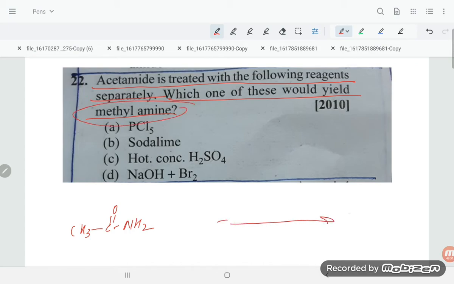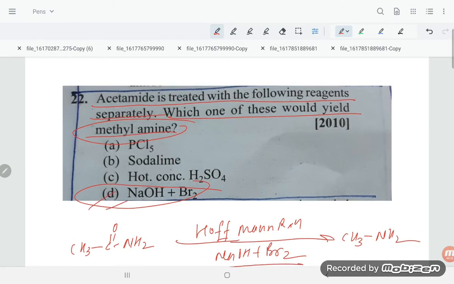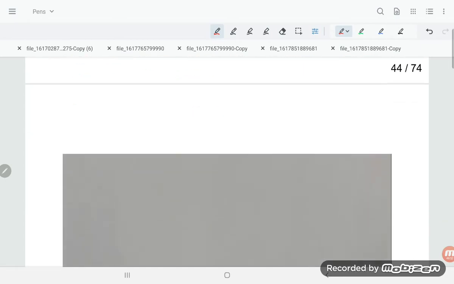So that is the Hofmann reaction, student. What is the Hofmann reaction? NaOH and Br2. It is the Hofmann reaction. So the correct option is option number D for question number 22.